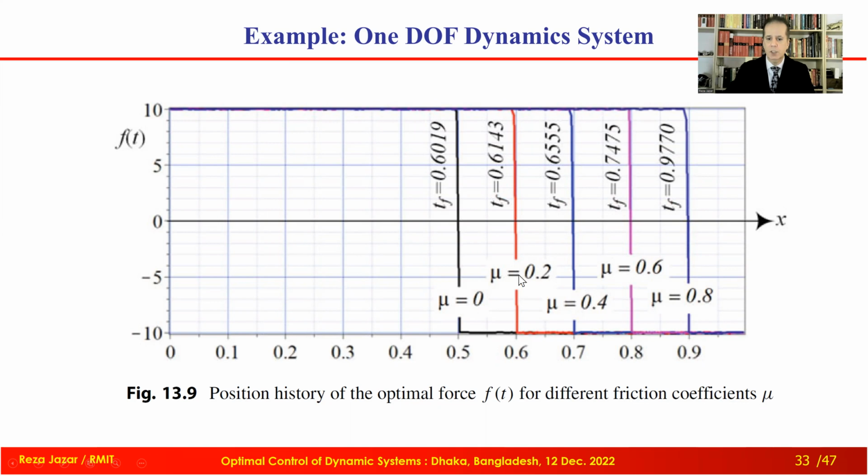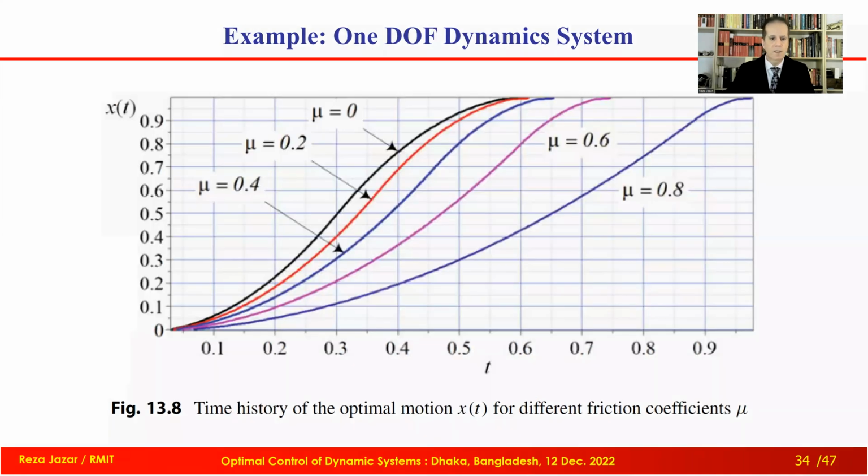By increasing the friction, 0.2, 0.4, 0.6, 0.8, the switching point shifts to the end. Here is x as a function of time, which, as you can see, is similar to, I don't know, an arctangent or cubic function. Doesn't matter. This is what we get.